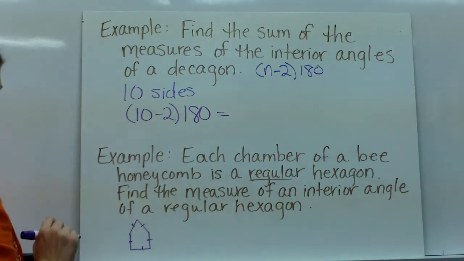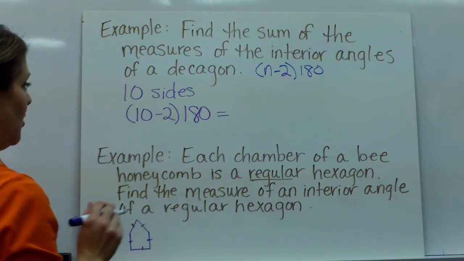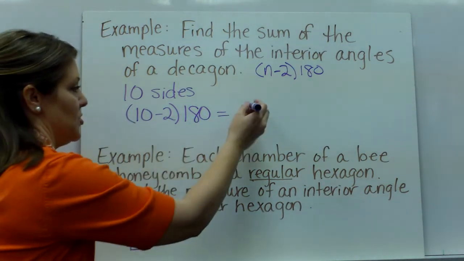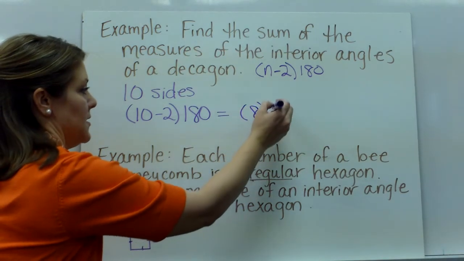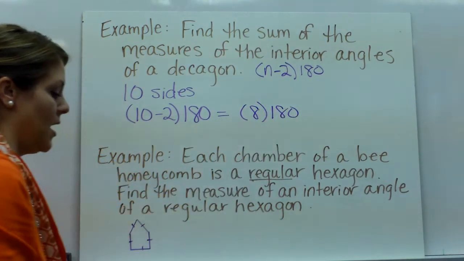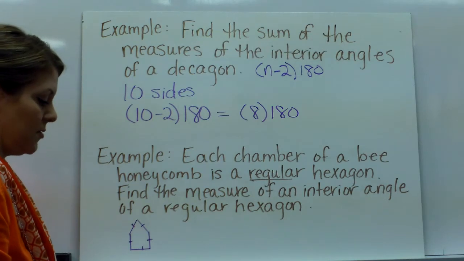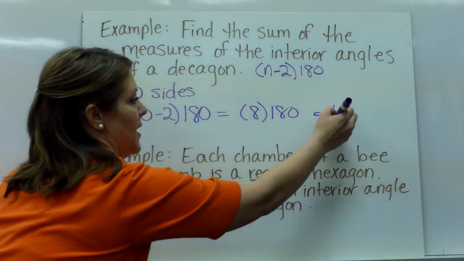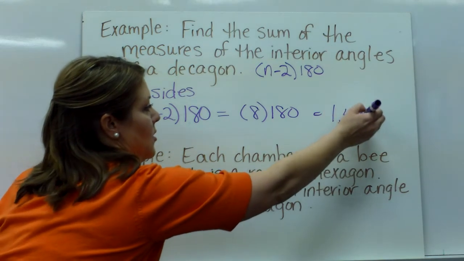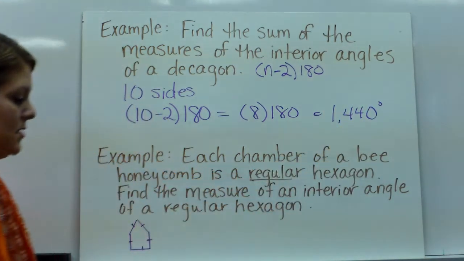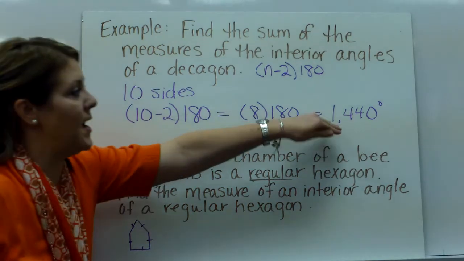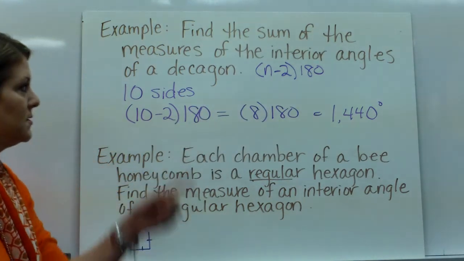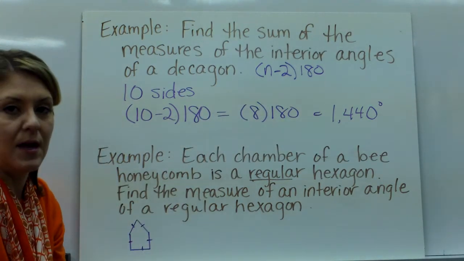Now we take care of our parentheses first, so that's going to be 8 times 180. When you multiply those together, you should get 1,440 degrees. So there is a total of 1,440 degrees inside a decagon.